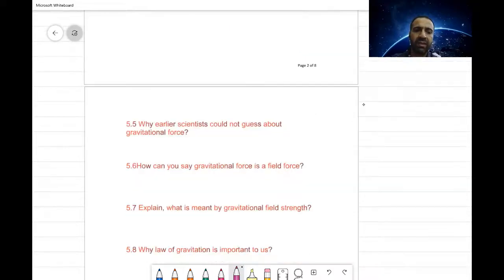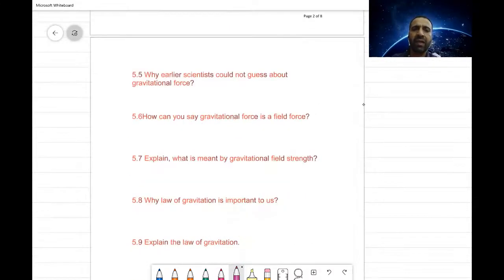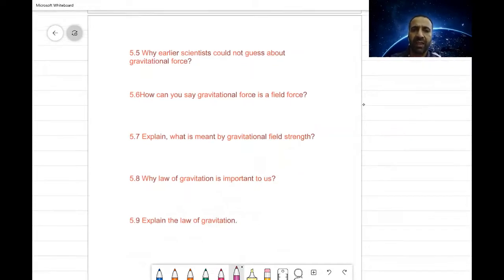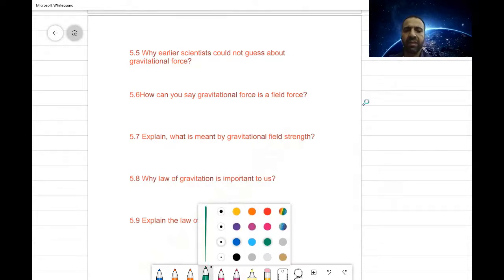The next one is, why could earlier scientists not guess about the gravitational force? That is also very easy. Let me explain it with a different pen. Look at this equation.